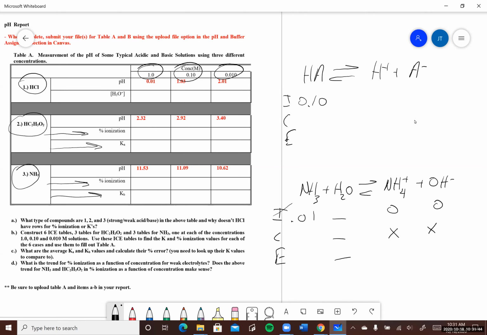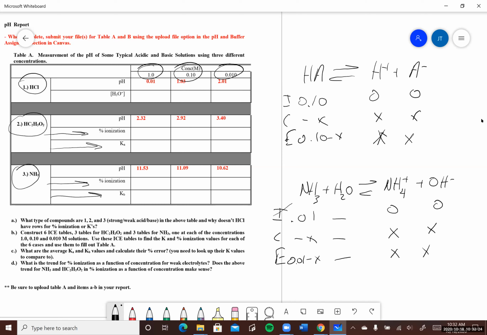like you would normally in a lecture problem. And so you see that this should be familiar to you. Now, I have these X's in my ice table, and what you need to do is say, oh, I know how I can solve for X and therefore solve for the K and for the percent ionization.